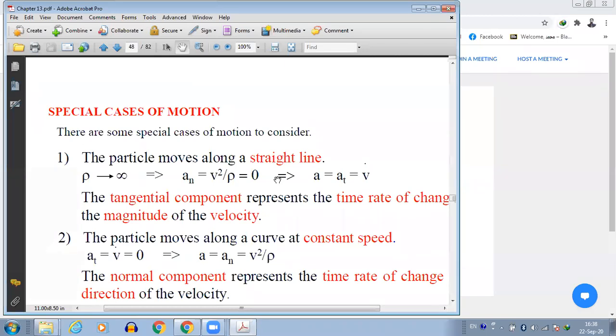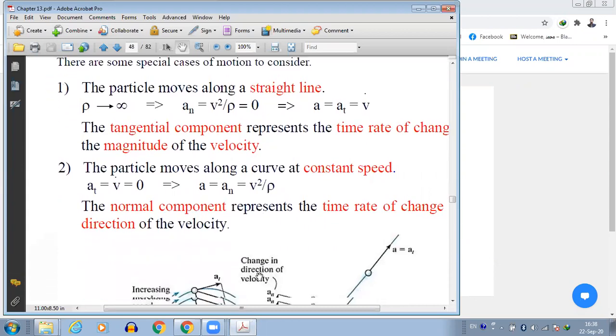And velocity depends upon magnitude and direction. If one of them is changing, that means the velocity is changing. So in that case, at will be 0. The tangential component of acceleration is 0, but the normal component will still be there because it is moving along a curve. A curve means there is curvature, so the direction is changing all the time. So the normal component represents the time rate of change of direction of the velocity.